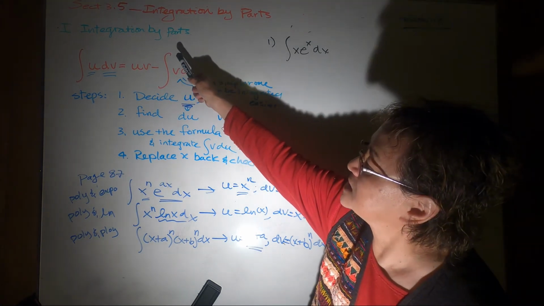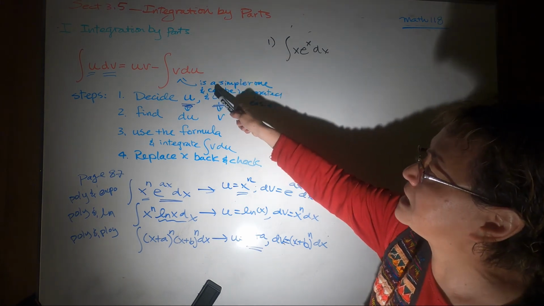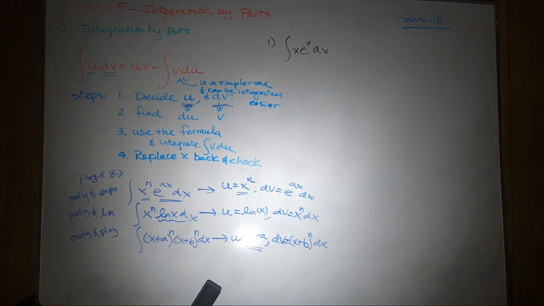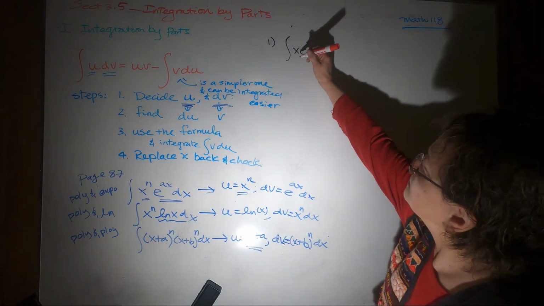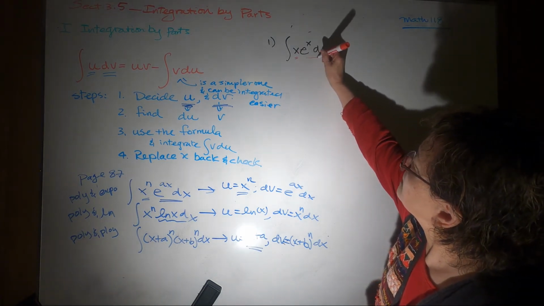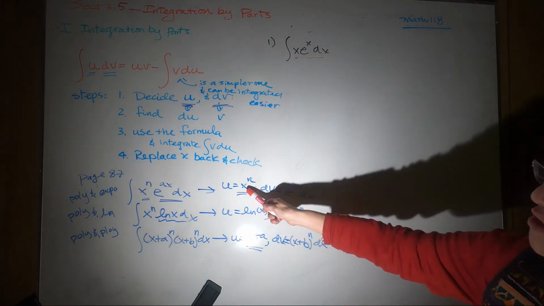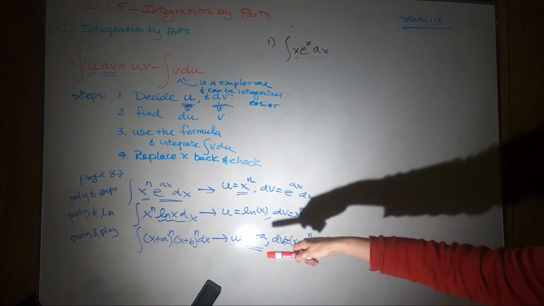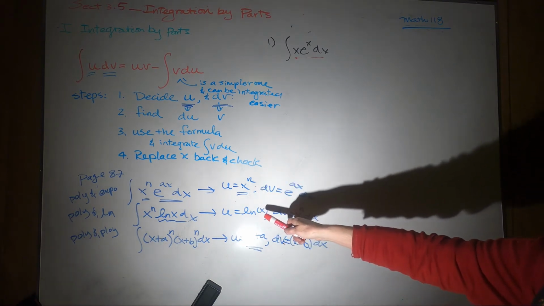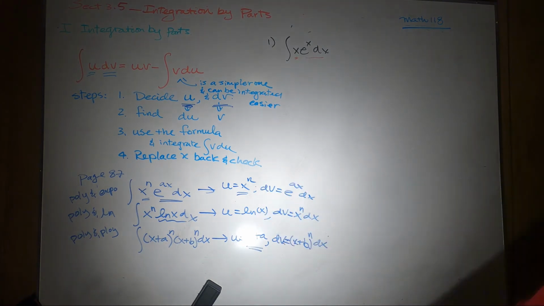Then this part is easier to integrate, and we can find the answer from this part. So by rule of thumb, we have a polynomial and an exponential. So usually we just use the polynomial as u, unless it's a log.